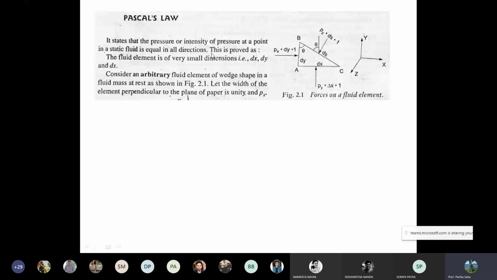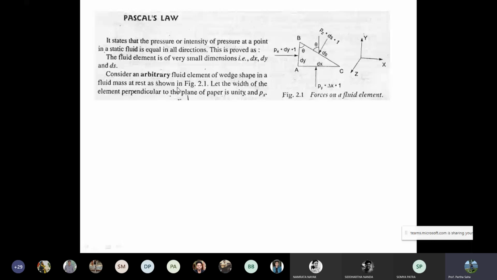So I have given a fluid element of very small dimension. This is dx, this is dy, and this is ds. And the angle between dy and ds is theta. Consider an arbitrary fluid element of wedge shape. This is a wedge shape in a fluid mass at rest.